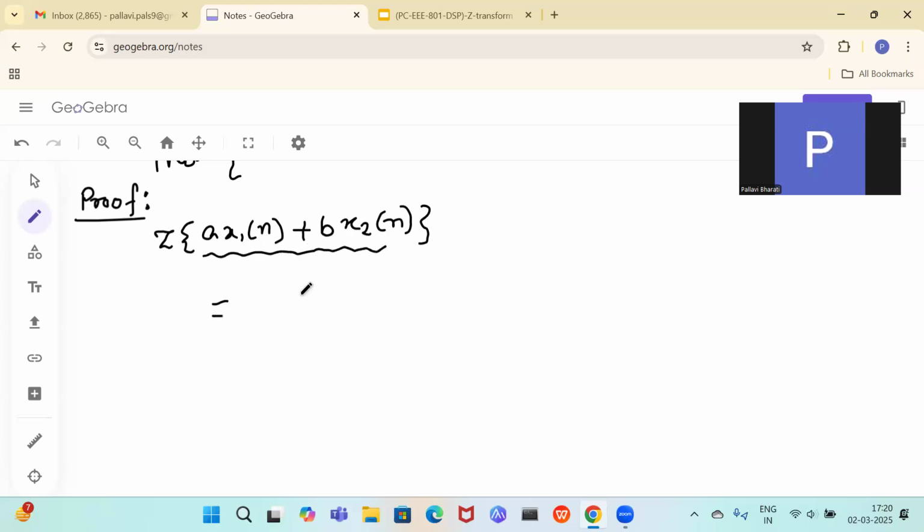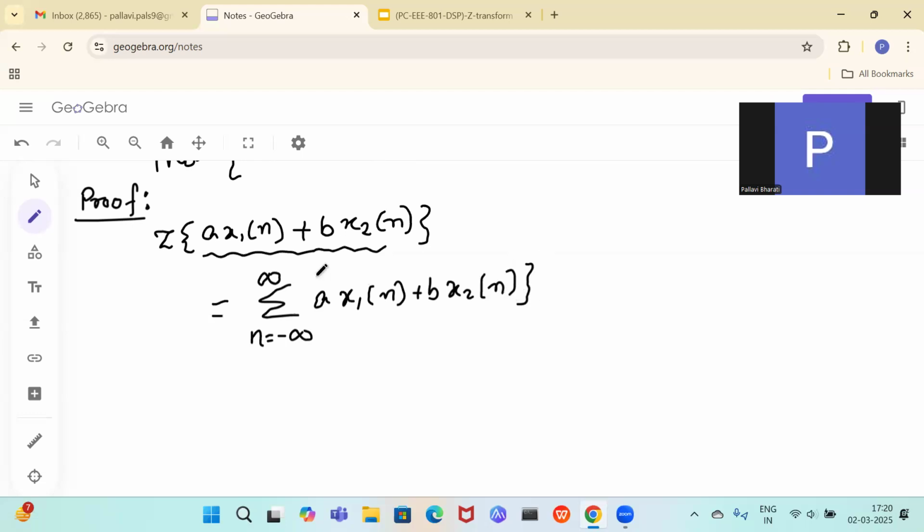According to the definition of Z transform, n is varying from minus infinity to infinity. The signal you're taking inside this, the whole signal now, is A into x1n plus B into x2n.